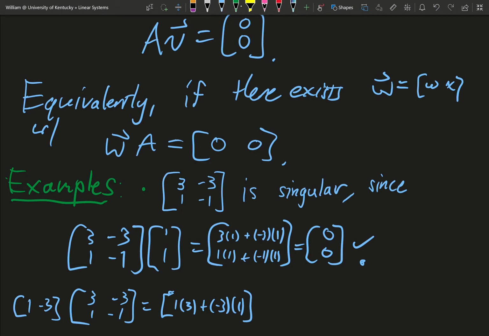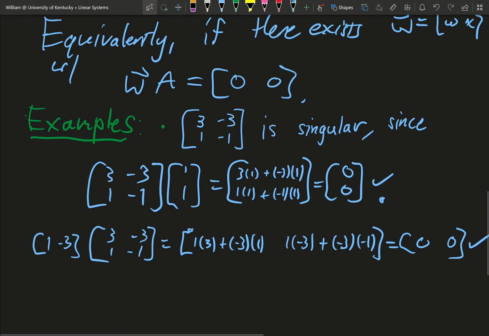Oops, that's just the first entry, can't end it yet. And then 1 times -3 plus -3 times -1. So here I'm going to have 3 minus 3, and here I'm going to have -3 plus 3, also 0. So again, plugged in something non-zero, got out all zeros.